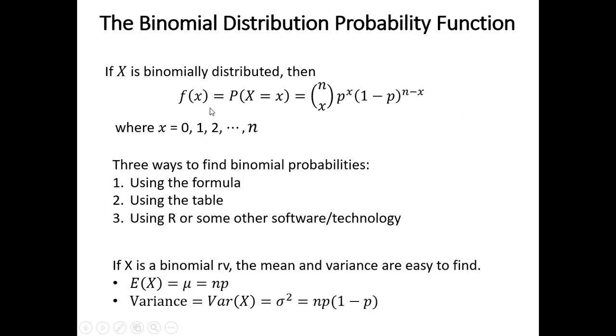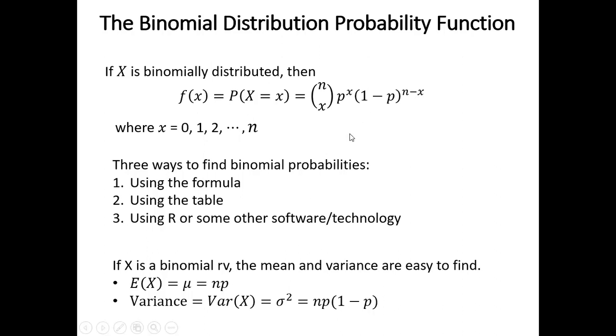If I wanted the probability that the random variable X is equal to x, we could use this formula, n choose x times p to the x. Remember, p is the probability of a success on one trial, times 1 minus p to the power n minus x. So this would be the probability of failure.